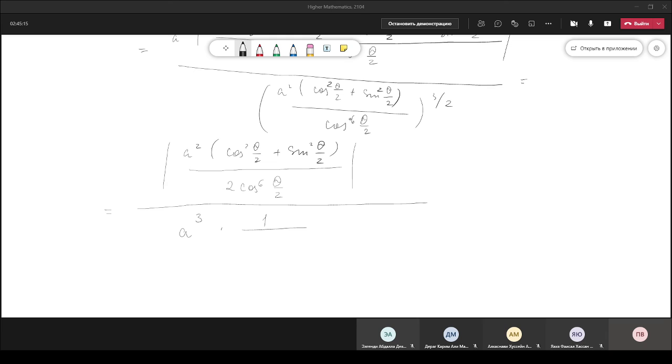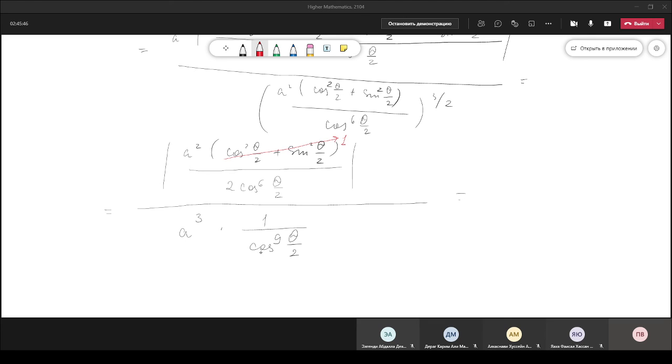Cosine power 6 and 3 over 2, 9. And we have what? Cosine squared plus sine squared, it is 1. A squared and a cubed, here 1.